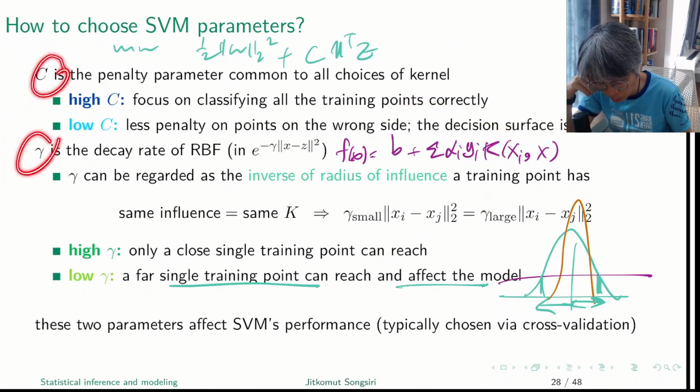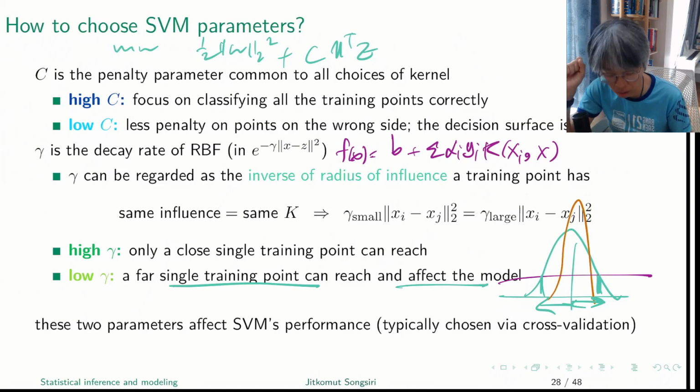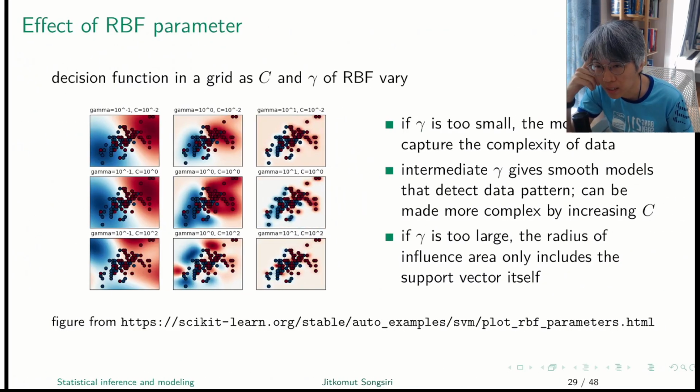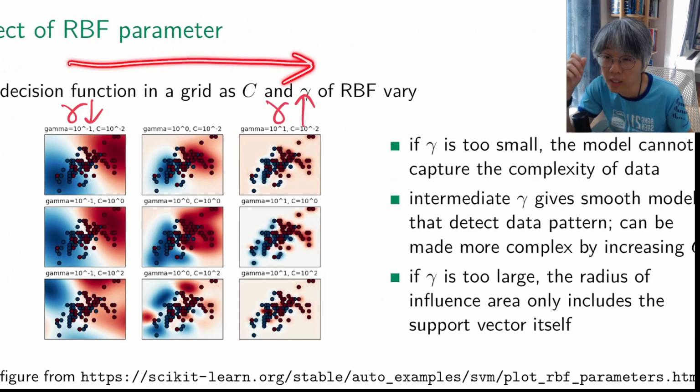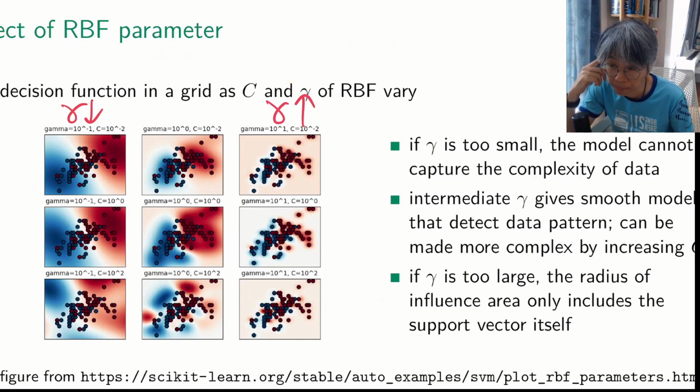Okay, those two parameters can be chosen via cross validation. Now let's see some example. This figure is again taken from scikit-learn. Now we have gamma small and gamma large, so you increase gamma in this direction.